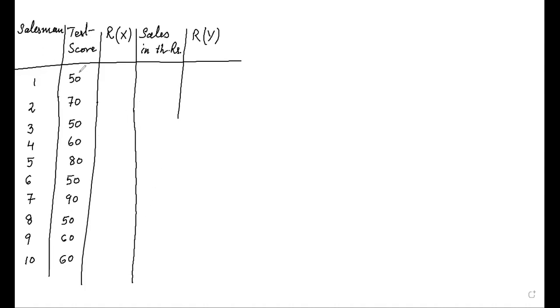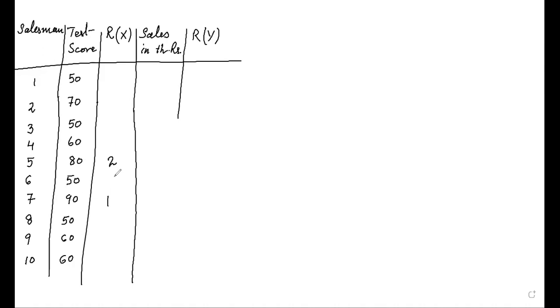The highest score is 90. I think only one candidate has 90, so corresponding to 90 I'm writing rank 1. Now the next highest is 80. That is also only one candidate, so it is 2.